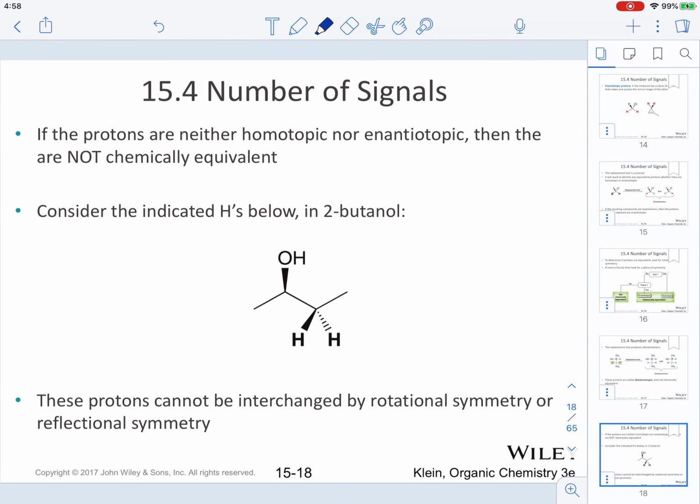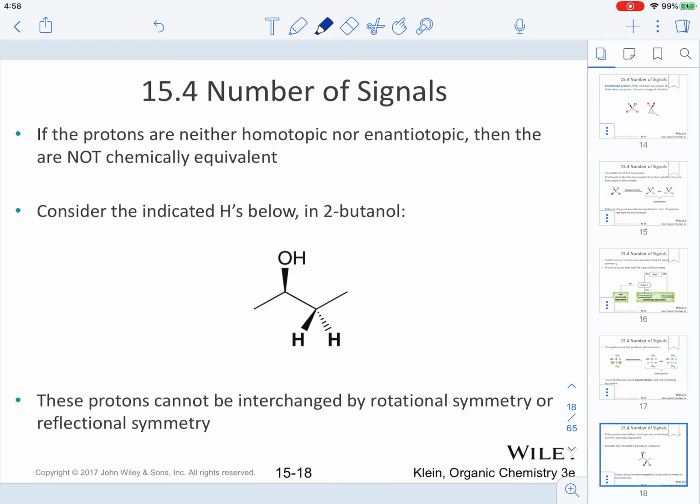So let's actually look at a specific example. Remember, if the protons are neither homotopic nor enantiotopic, then they are not chemically equivalent. Let's consider specifically the hydrogens present in the following molecule of 2-butanol.